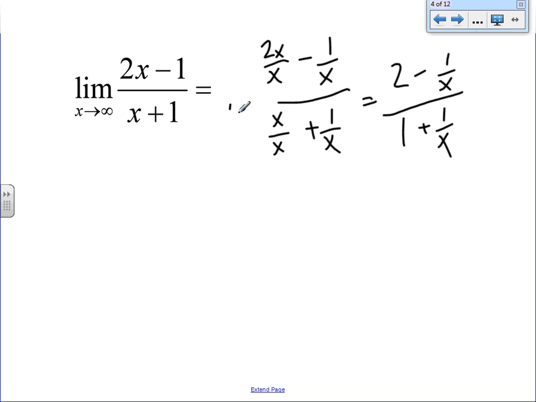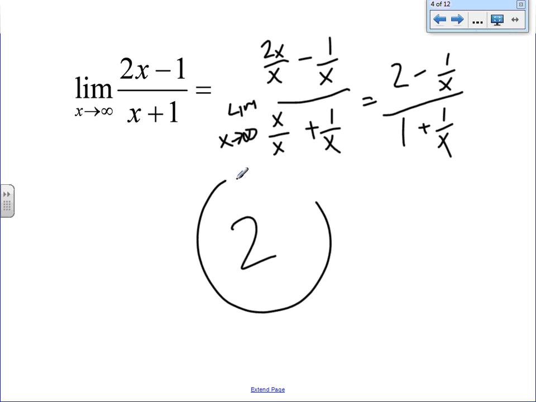And if I take the limit as x gets really, really big, this turns into 0, that turns into 0, so I've got 2 minus 0 over 1 plus 0, and I end up with 2 over 1, or 2. And so my horizontal asymptote is 2. So this function, as we get bigger and bigger, heads towards 2.